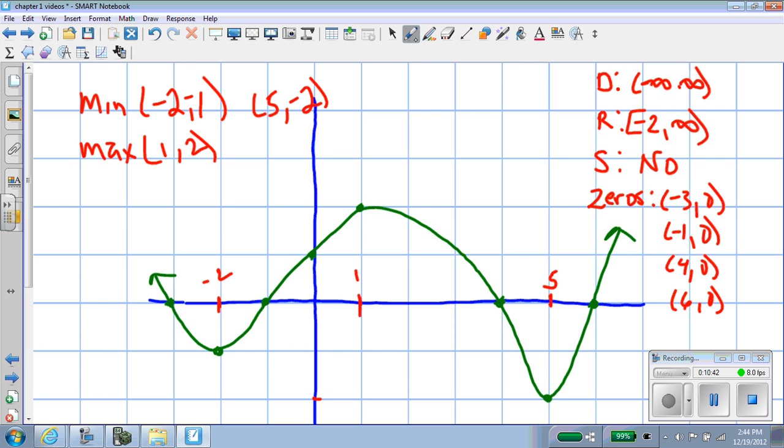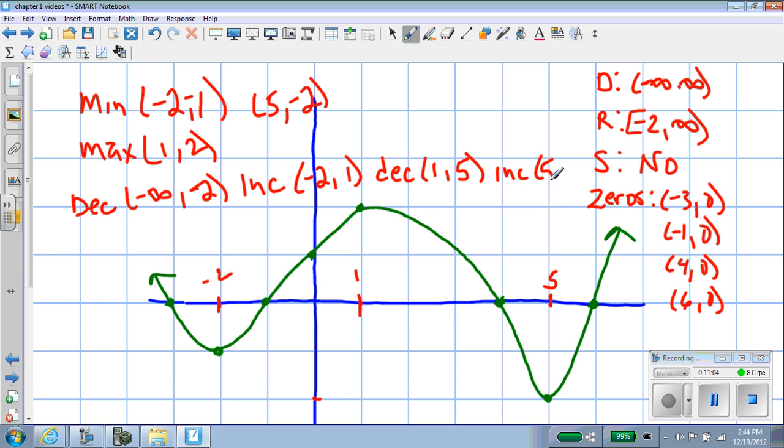Okay. So they are decreasing from negative infinity until I get to negative 2. They're increasing from negative 2 to 1. They're decreasing from 1 to 5. And then they're increasing from 5 to infinity.